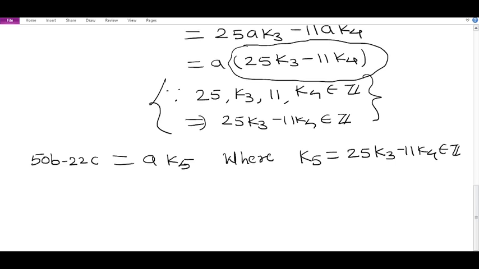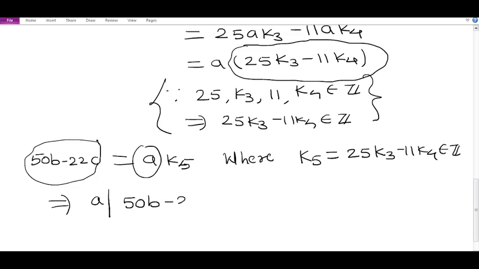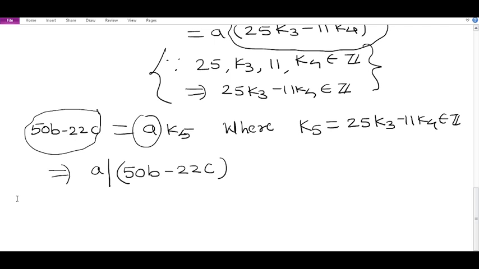So this implies this term is a multiple of a, and hence a divides 50b minus 22c. Hence the proof.